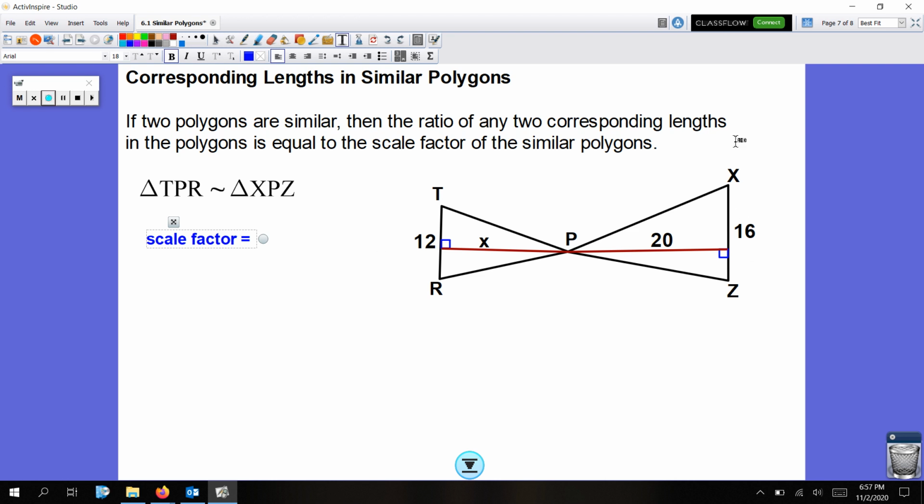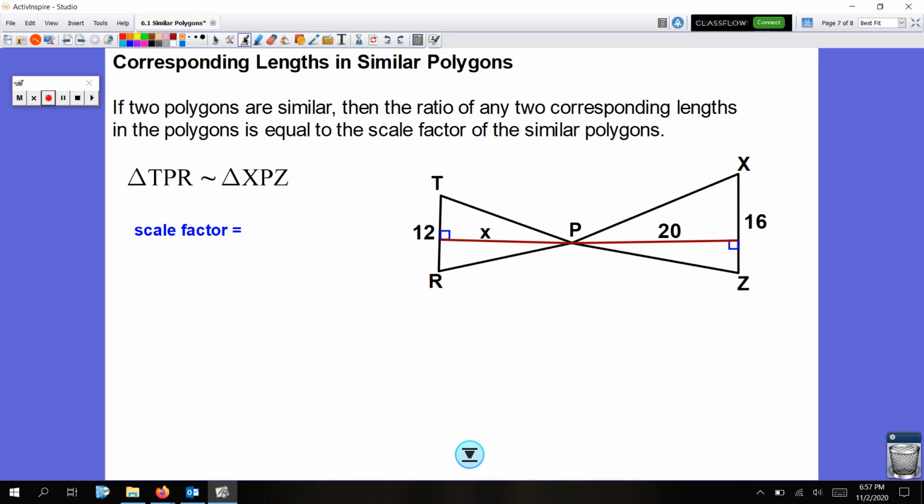I see the bases of our triangles on the side, right? TR corresponds to XZ. So we're going to say 12 over 16. And we always want to make sure we reduce. 12 over 16 reduces to 3 over 4. That is our scale factor, okay?